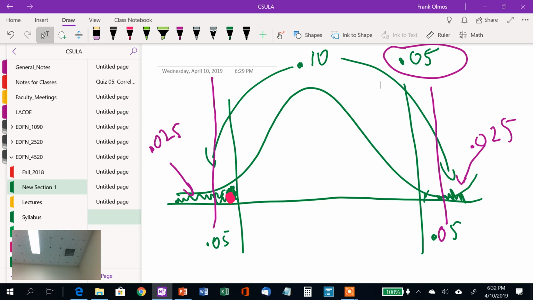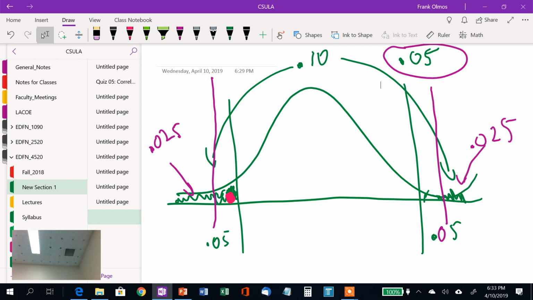The smaller your alpha is, the less rejection you have. So critical values went further away from the mean, all the way over here. The region of rejection got smaller.